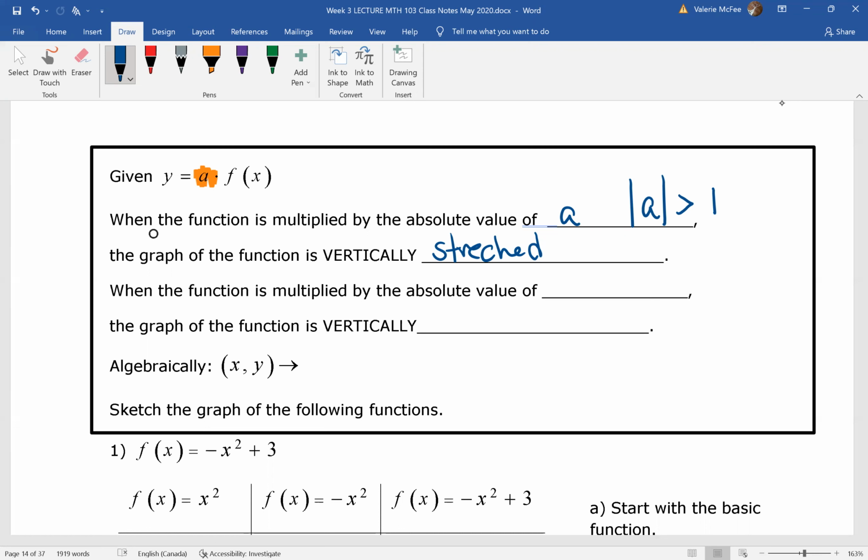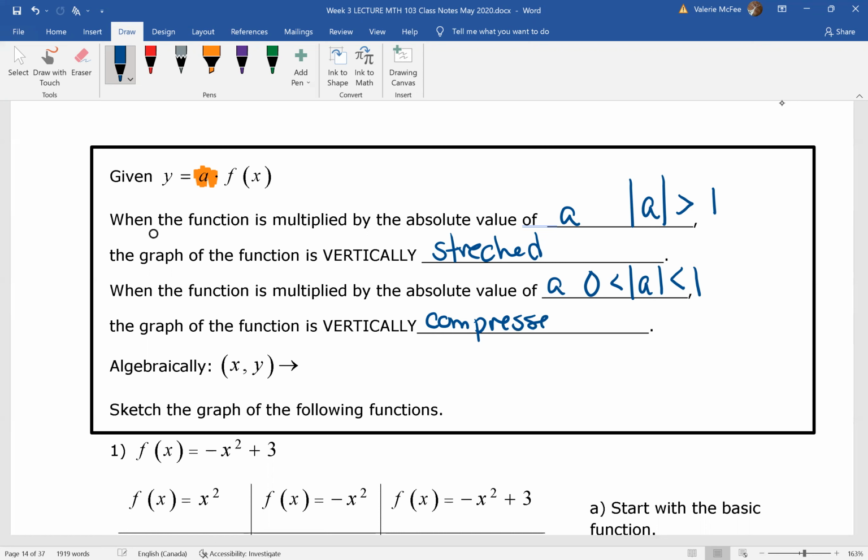When a is between 0 and 1, so we're looking at a fraction, we say that the graph is vertically compressed.